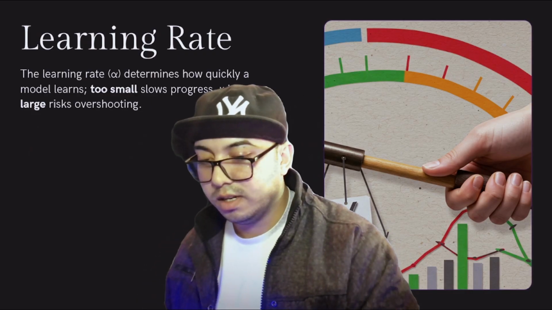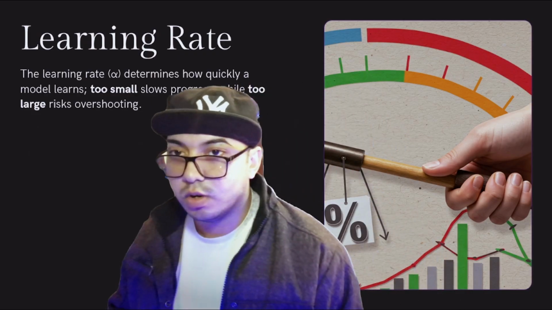Now we are going to understand what the learning rate is. The learning rate controls the step size.